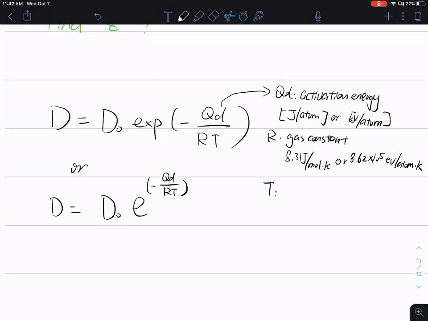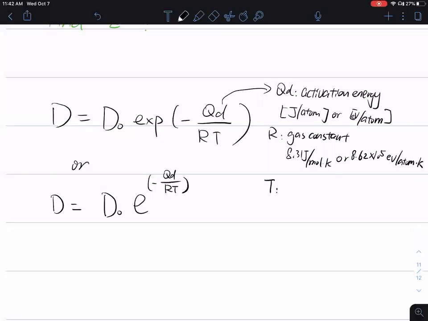T here is a temperature. It's absolute temperature in units of K, Kelvin.